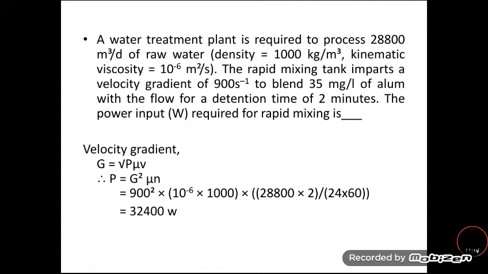The rapid mixing tank imparts a velocity gradient of 900 per second to blend 35 milligram per liter of alum with the flow for a detention time of 2 minutes. Here the power input required for rapid mixing is calculated by the formula P is equal to G square into mu into V. By substituting the values, we calculate the power in terms of watts.